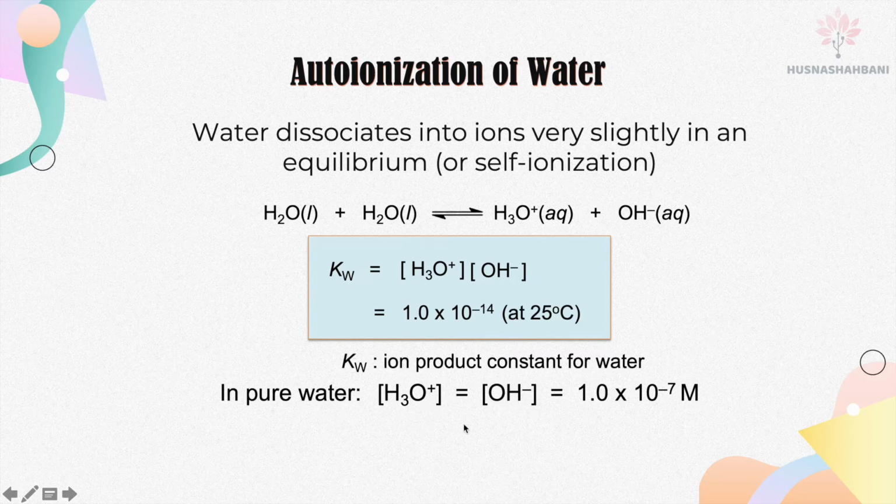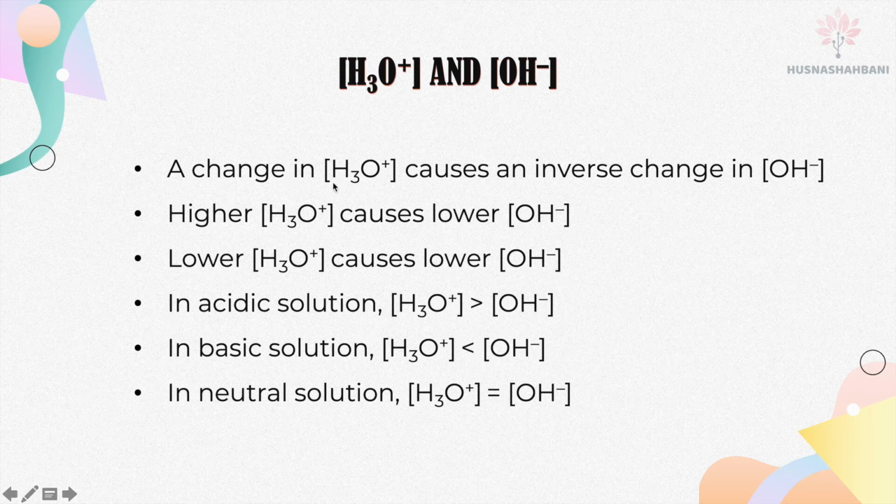That is why pure water is neutral. The values of H3O+ and OH- in pure water are each 1 times 10 to the power of negative 7 molar. So this value is fixed in pure water. This Kw constant value is fixed for water at pH 7. A change in the concentration of H3O+ causes an inverse change in the OH- concentration.